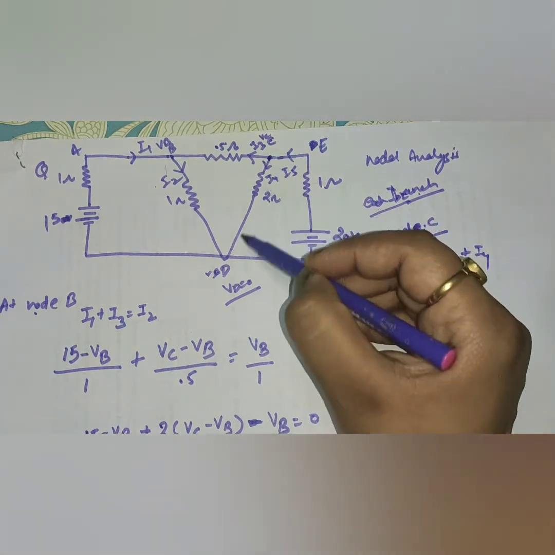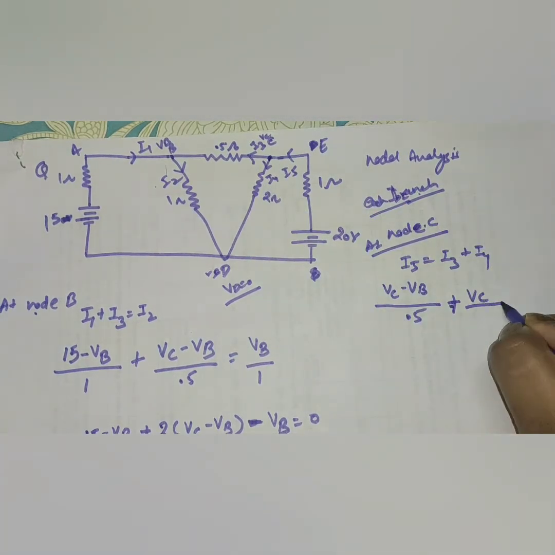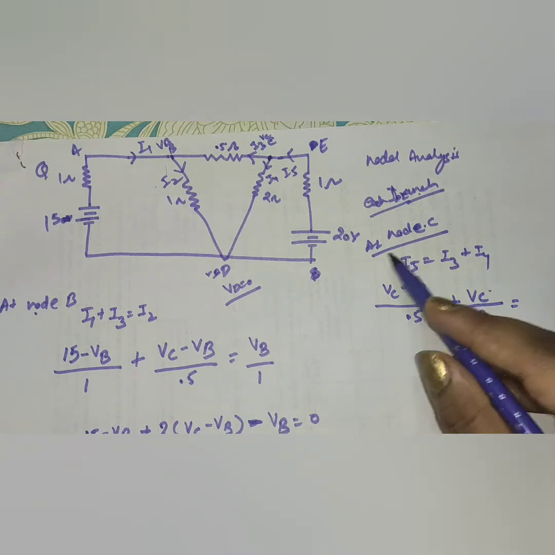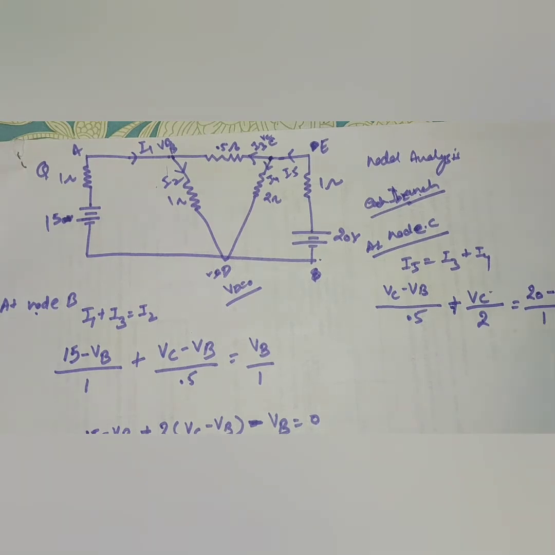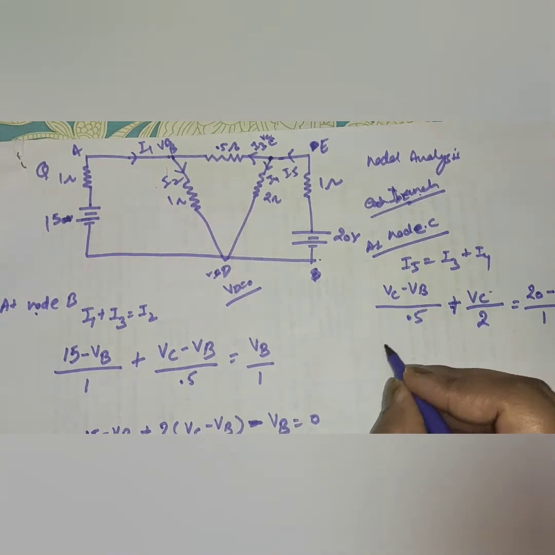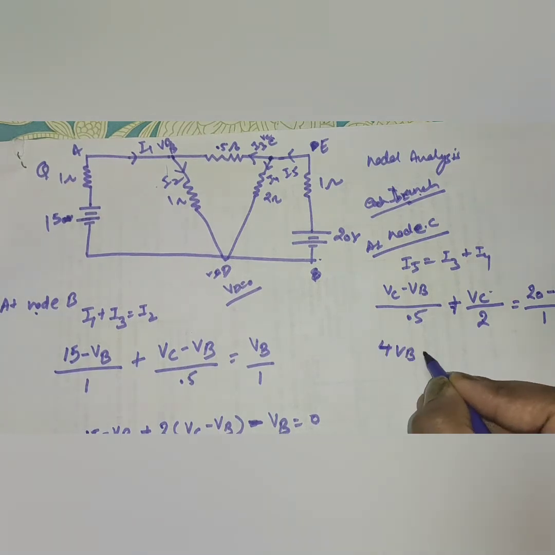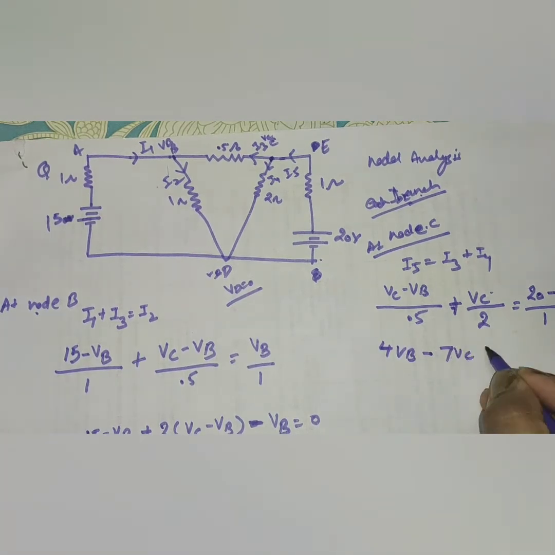I4 will be VC minus VD, which is 0, upon 2, equals I5. I5 you can check here. I5 will be 20 minus VC upon 1 ohm. If you solve this, you will get 4 VB minus 7 VC equals minus 40. You will get like this.